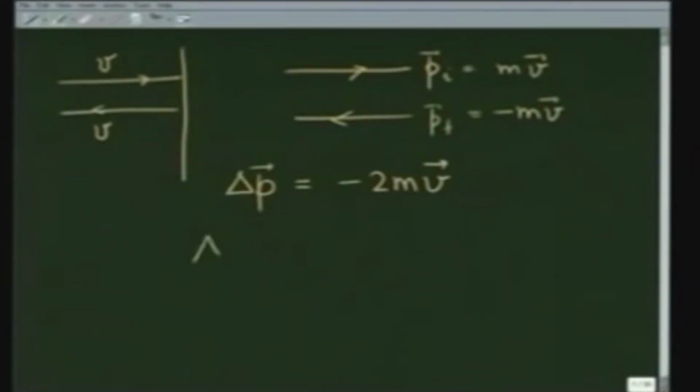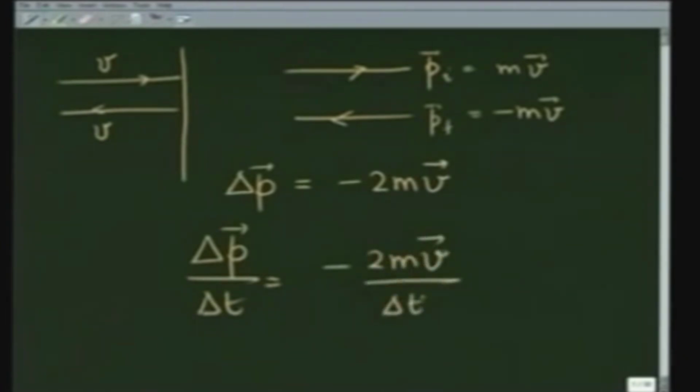I know that delta p over delta t, which is minus 2 m v over delta t, where delta t is the time for which the ball was in contact with the wall, is the force that the wall has applied onto the ball.